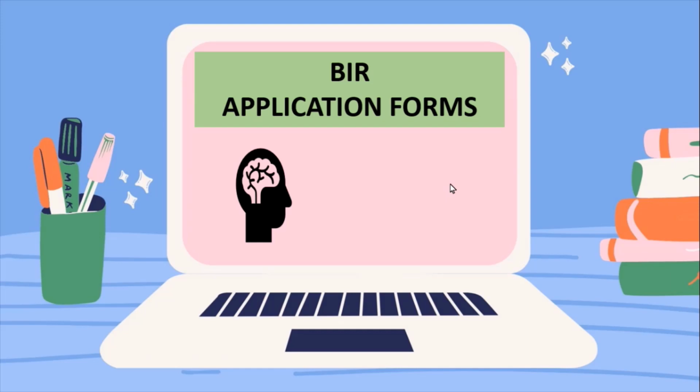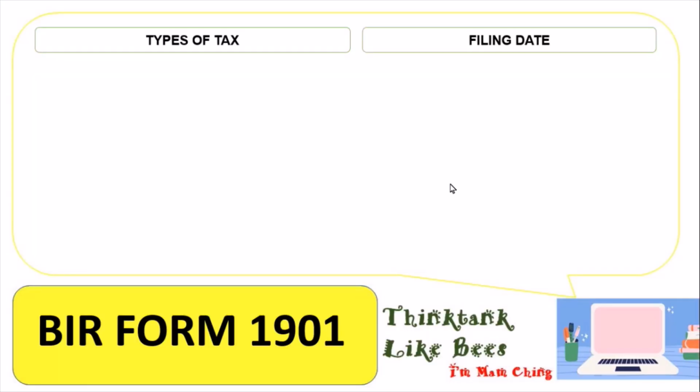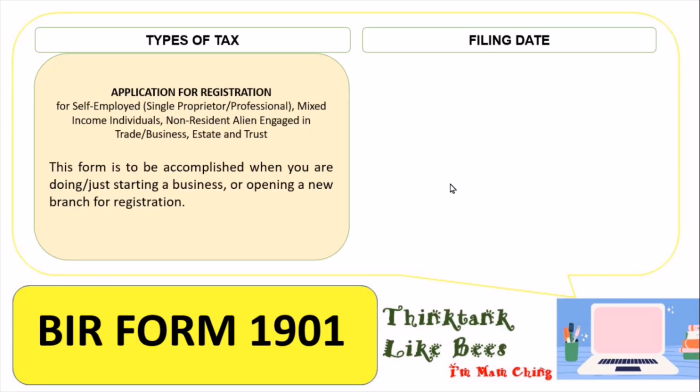They are the following: Form 1901, 1905, 1906, and 1900. BIR Form 1901 is an application for registration. It is for self-employed, single proprietor or professional, mixed income individual, non-resident alien engaged in trade or business, estate, and trust.